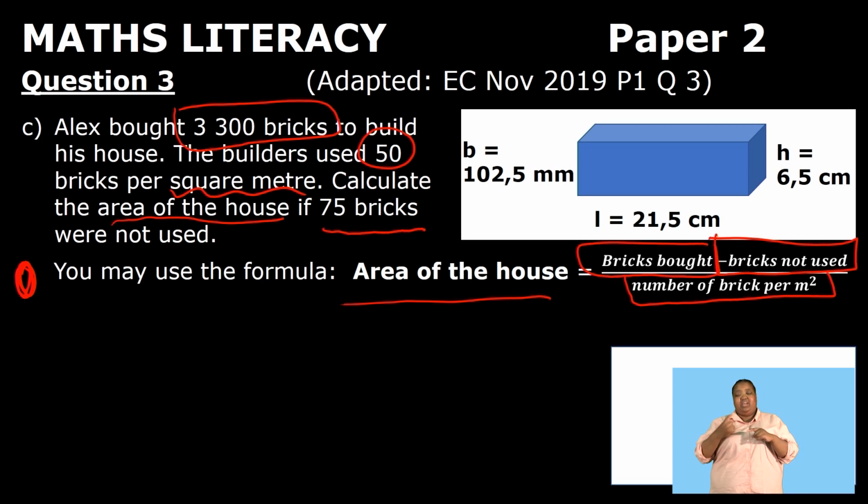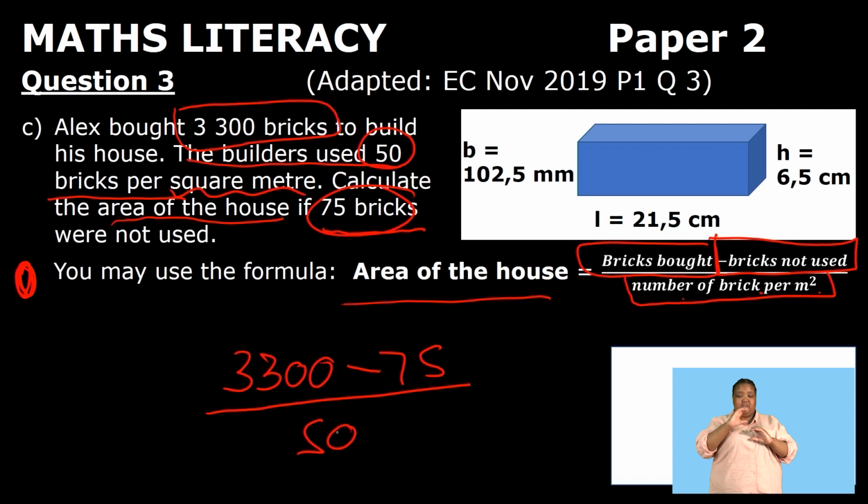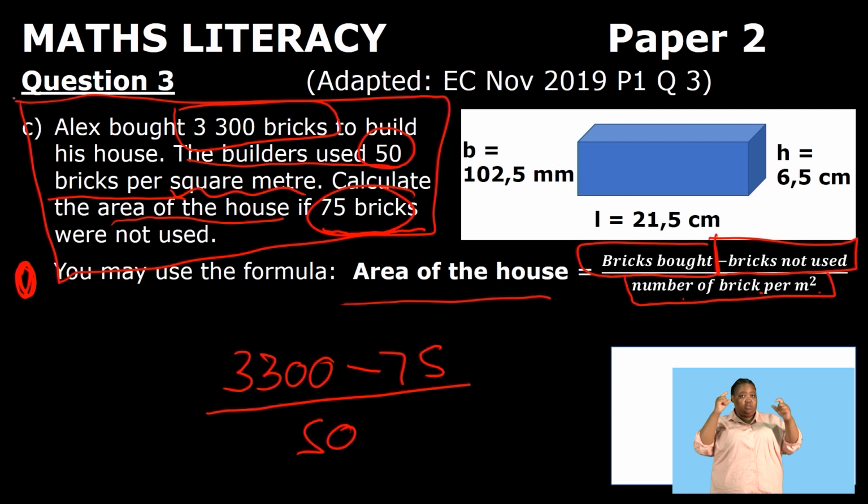So the bricks bought will be 3,300 minus the bricks not used, 75, divided by the number of bricks per square meter, and it says they used 50 bricks per square meter, so it's 50. Can you see here where I'm working with the information, it gets quite scratched, and that's why I say make notes as you highlight your keywords.